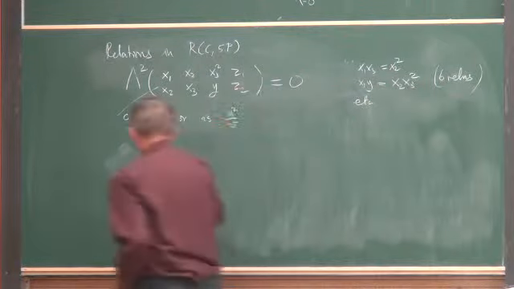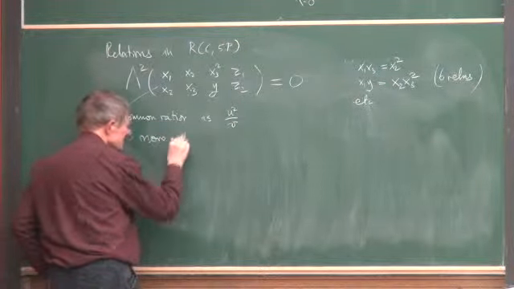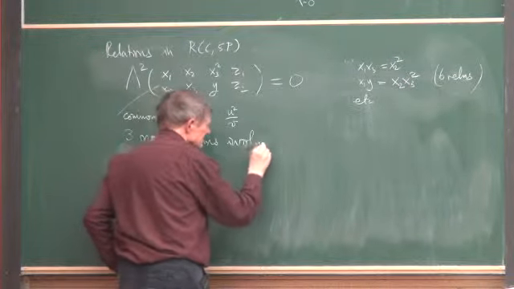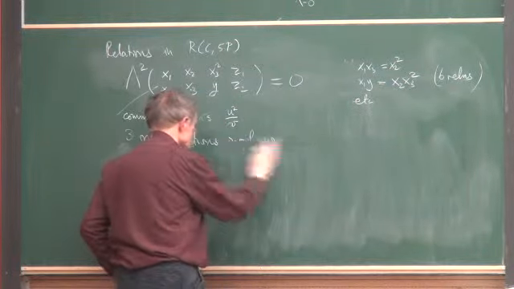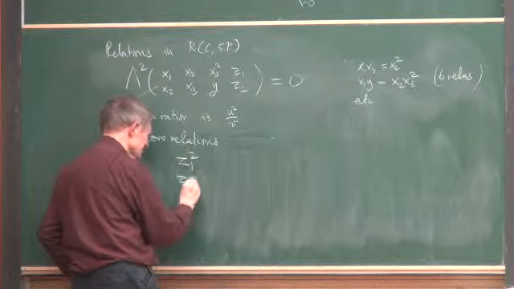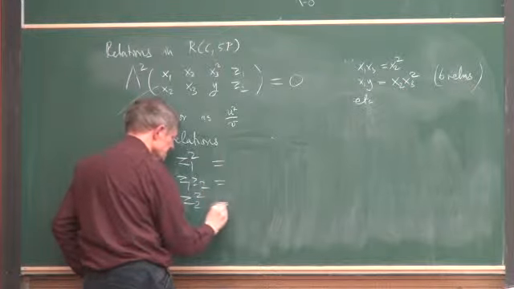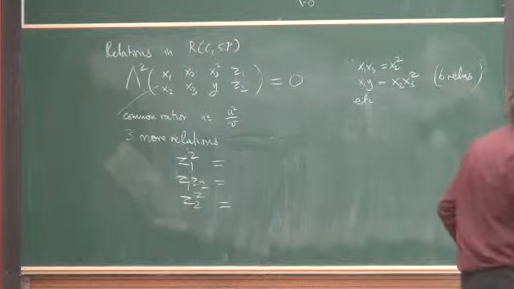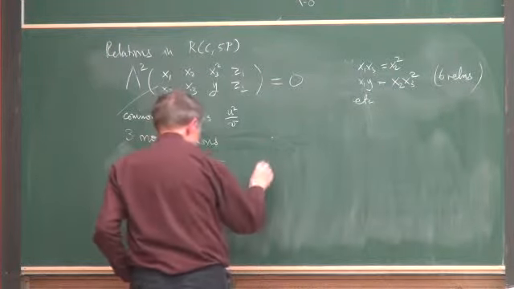Right, and so then there are 3 more relations involving Z1. Let me write what the relations are, saying Z1 squared, Z1 Z2, Z2 squared equals... So I'm going to write down that F13.